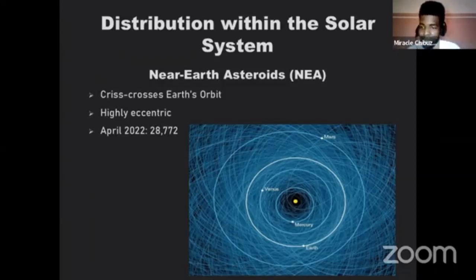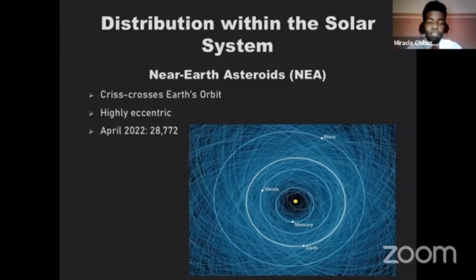There's no problem with that, but the problem arises if Earth is approaching and an asteroid is also approaching, and maybe they hit at the same point. That becomes a very, very dangerous situation. Like I said, they are highly eccentric, the opposite of the main belt asteroid.